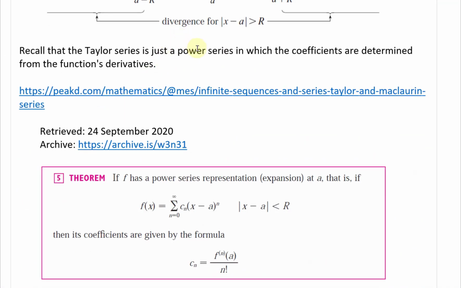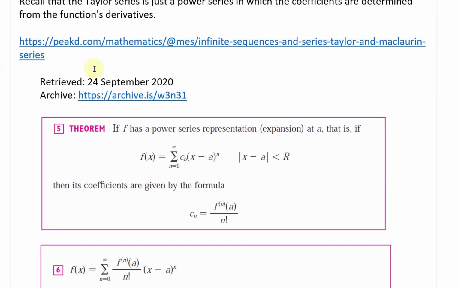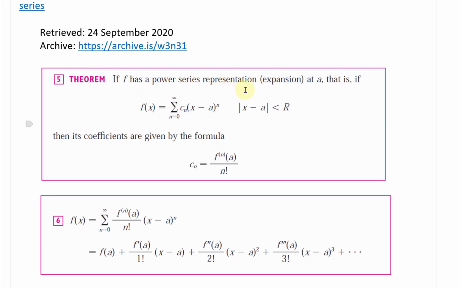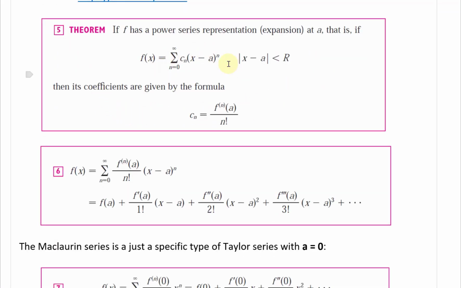Recall that the Taylor series is just a power series in which the coefficients are determined from the function's derivatives, from our earlier video on infinite sequences and series, Taylor and Maclaurin series. The theorem: if f has a power series representation at a, that is, if f of x is equal to this general power series, then its coefficients are given by the formula cn equals the nth derivative at a divided by n factorial.